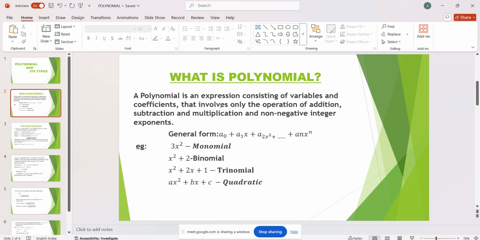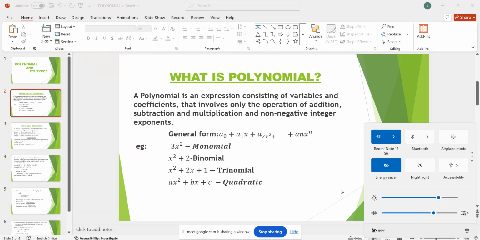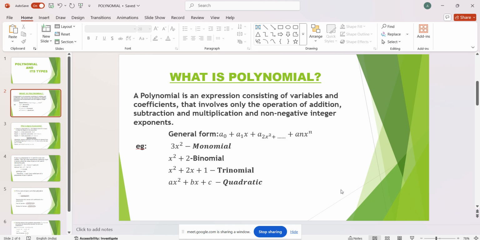A quadratic polynomial is ax square plus bx plus c. That means the x square is of degree 2, which we will study later. So ax square plus bx plus c is the quadratic polynomial.